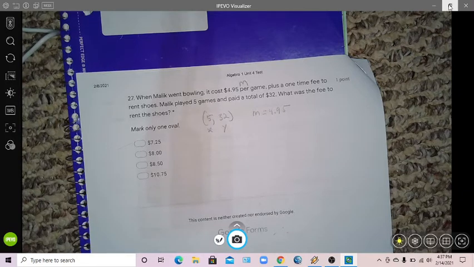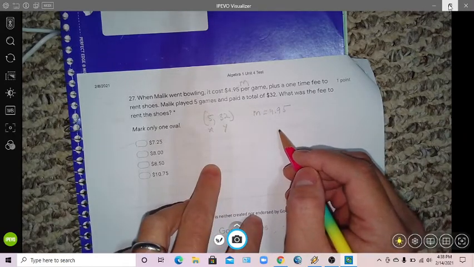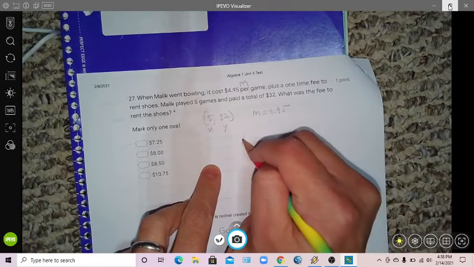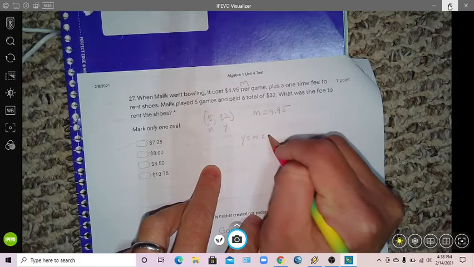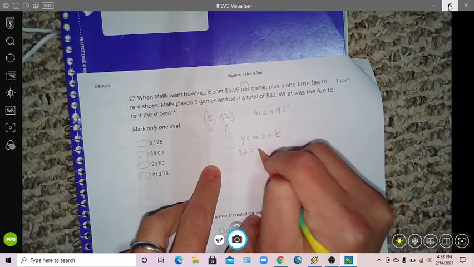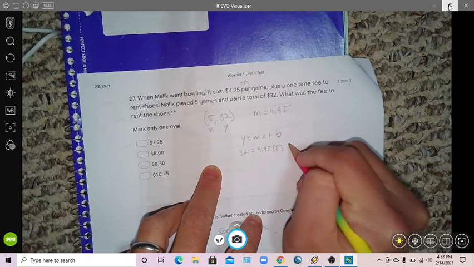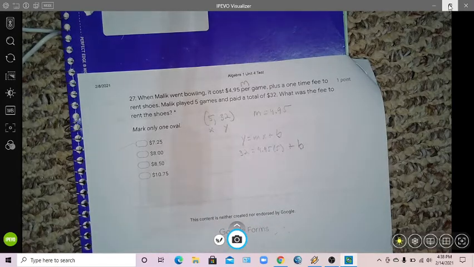So y equals mx plus b. Let's find the B. So here's your y equals mx plus b. So y is 32. The m is 4.95. The x is 5. And let's figure out what the b is.